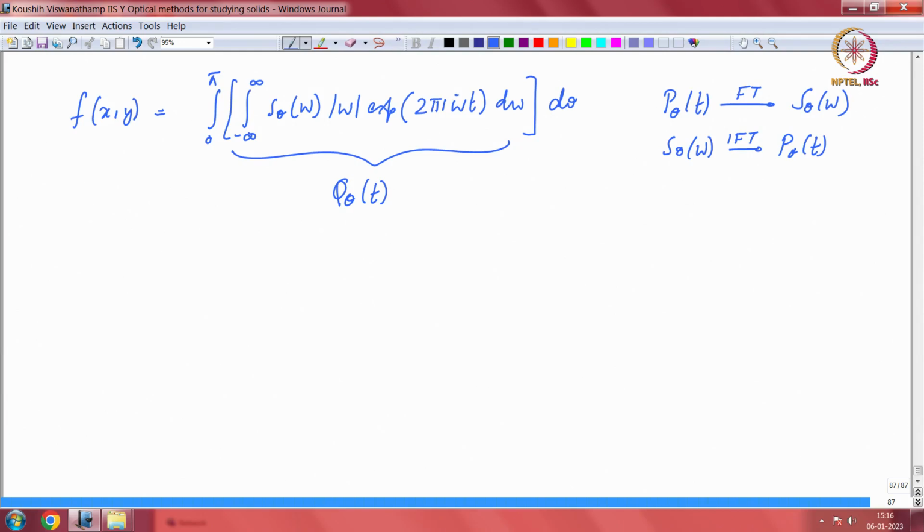But now, with the magnitude of w, you have a different function which I am calling q theta of t, and this q theta of t is a filtered version of p theta of t.